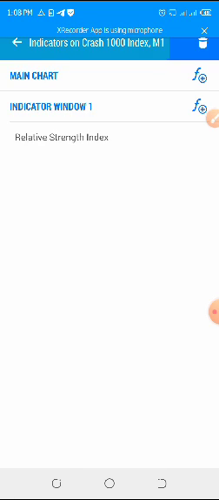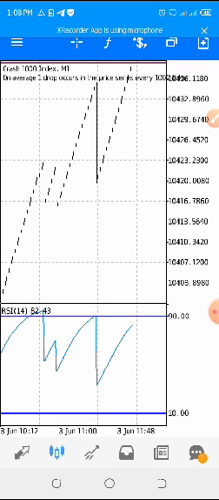Then, how do you apply this strategy? I want to use crash 1000 as an example.